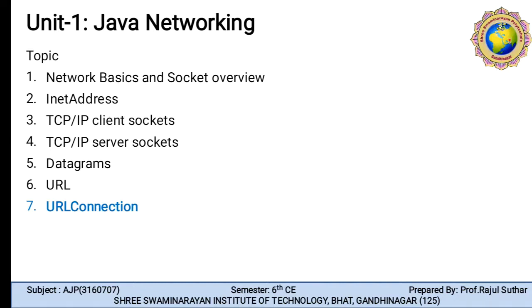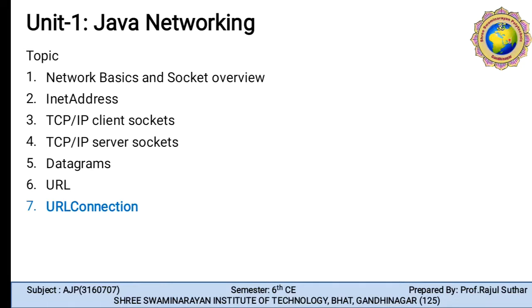What do you mean by URLConnection? Let me discuss in detail. The URL class represents the uniform resource locator, a pointer that refers to a resource on the World Wide Web, as we previously discussed. URLConnection is the connection created when a client makes a connection to a remote server.